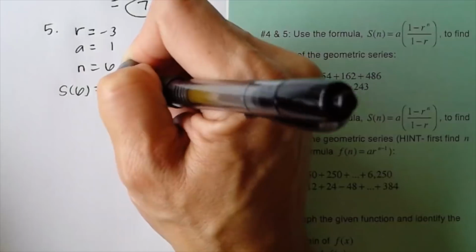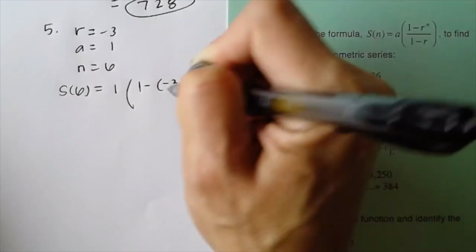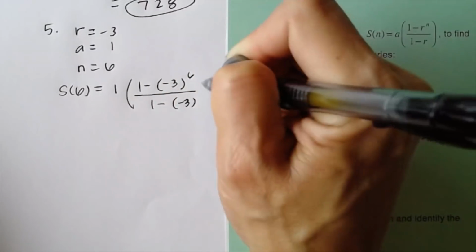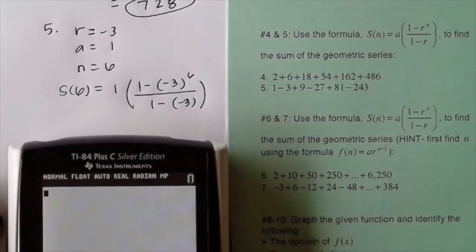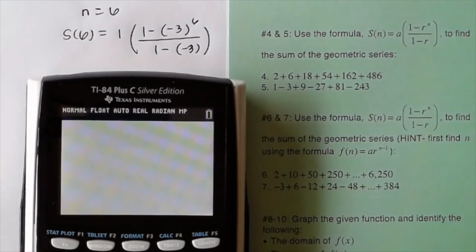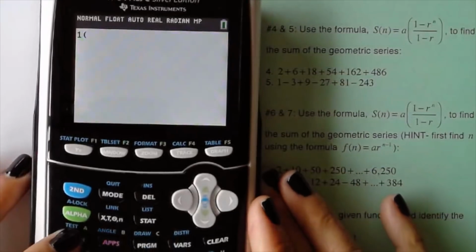So our initial value is 1 minus r. And if we plug this straight into the calculator, I can go 1 parentheses, and you can make a fraction by pressing math right here.